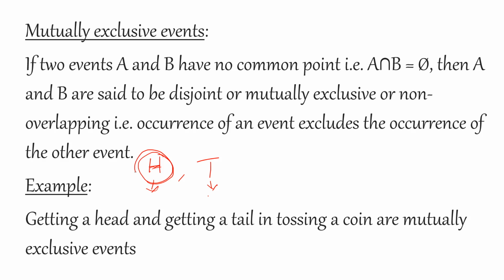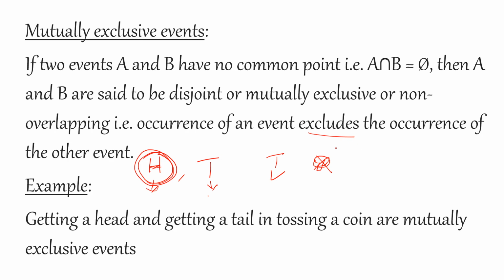When you are getting a head, is it possible to get the tail also simultaneously? Never. If you get a head, tail will not come at all. Similarly, if you get a tail, you cannot get head at all. Only one will come at a time. That is why the occurrence of an event excludes the occurrence of the other event.